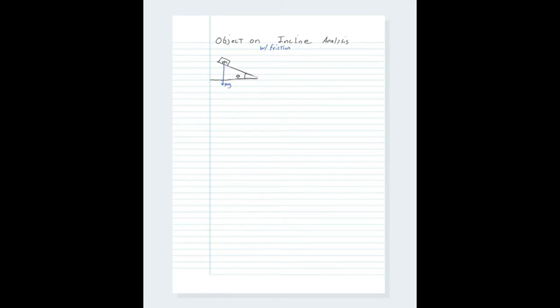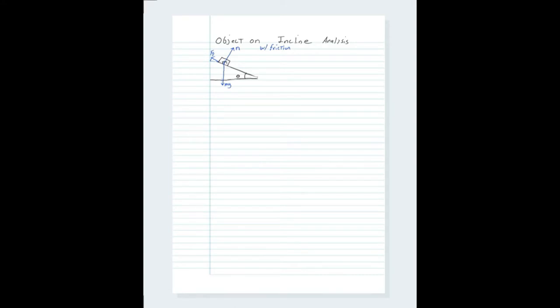The normal force is going to be acting as well, up at an angle so that it's perpendicular to the surface, because normal force is always a perpendicular force. And then we have the force of friction. If it's sliding down the surface, then the force of friction is going to be in this direction. So these are our three forces.